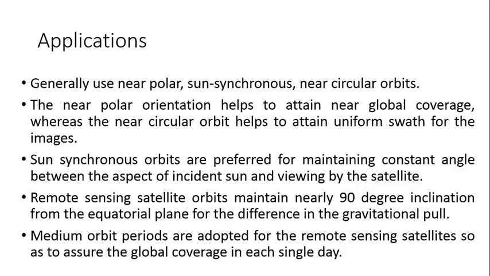Geosynchronous orbits are mainly selected for communication over a designated region. Similarly, for meteorological satellites over India, the INSAT 3D and INSAT 3 series are mainly used for meteorological aspects. So these are the things that you have to keep in mind.